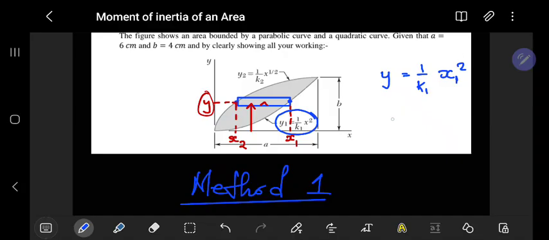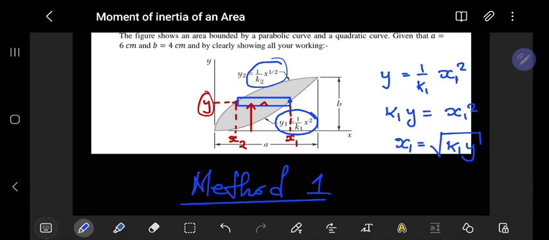From here, what you see is we end up with k1 y is equal to x1 squared. So that if we wanted to find what x1 is, we just have to get the square root of k1 and y. So this is what we'd have to do. On the other hand, to find x2, x2 will be related to that equation. But again, at this point at x2, the value of y, which is y2, will just be equal to y.